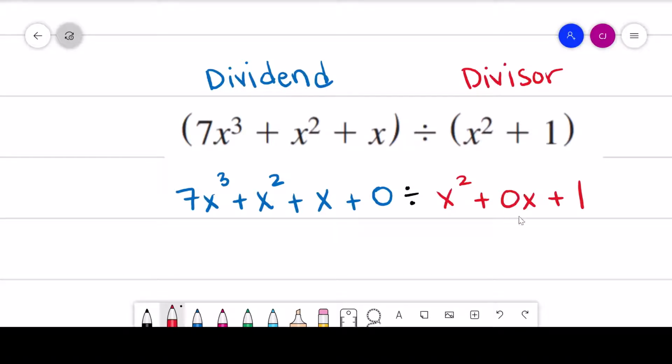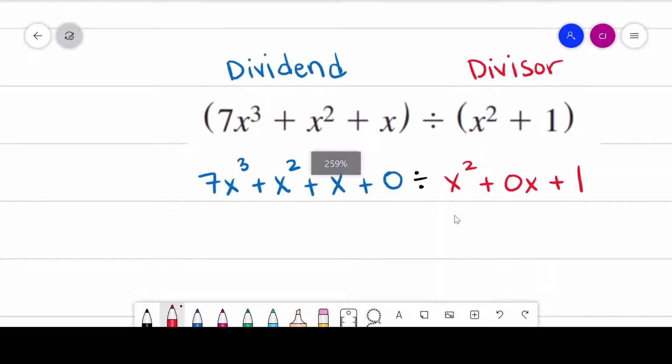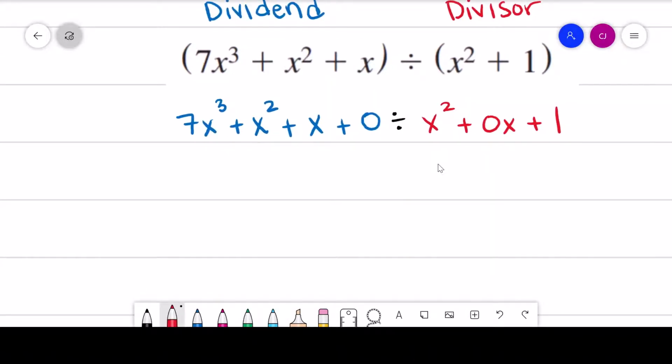So this here is going to be our placeholder for our divisor, and this 0 is going to be our placeholder for our dividend. So now that we've rewritten our expressions, we can jump into writing our polynomials in the division form.